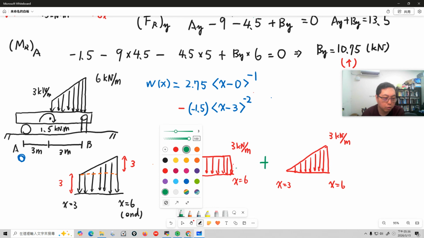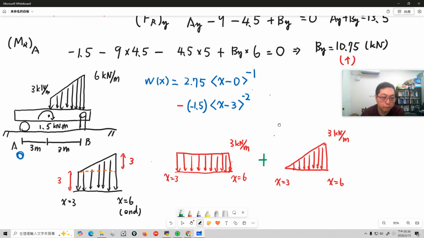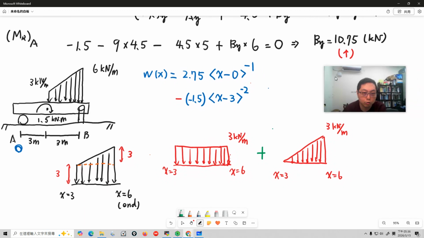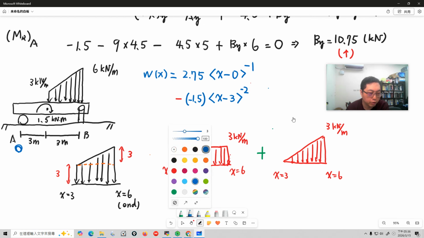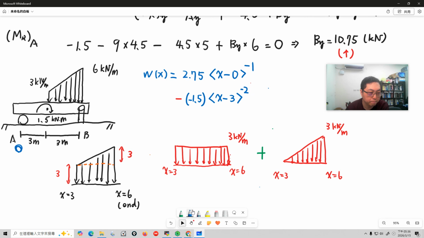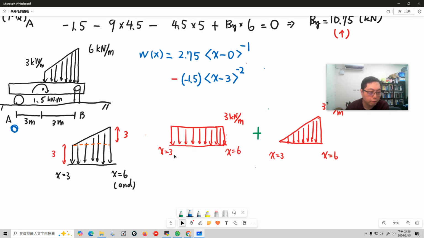So how do we represent these two simple distributed loads by a discontinuity function? For the uniform distributed load, it starts from x equal to 3 and ends at x equal to 6.